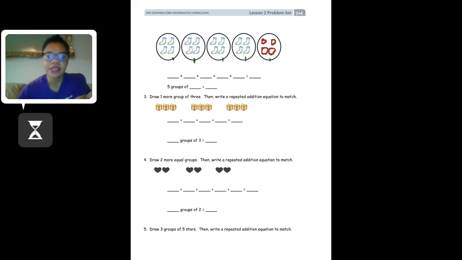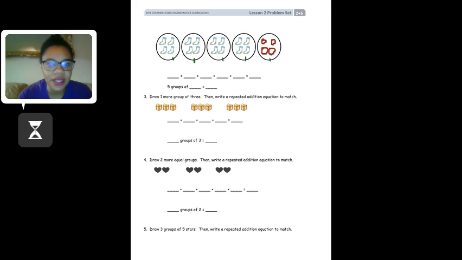Now, it's time for us to make our repeated addition equation. Whenever we're doing this, we're going to make sure that we fill it in for each blank. So if I look at my first group, my first circle has 4 socks.